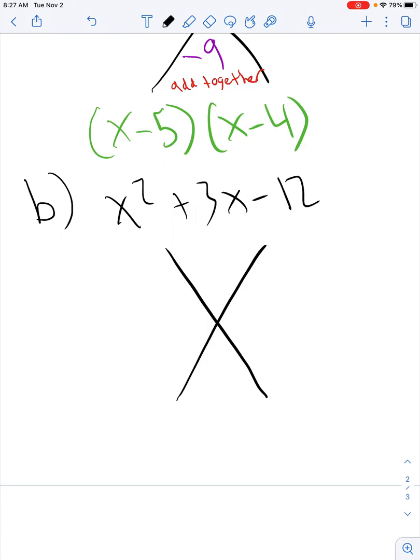In this case, I want it to multiply and equal negative 12, but I want it to add together and equal positive 3.